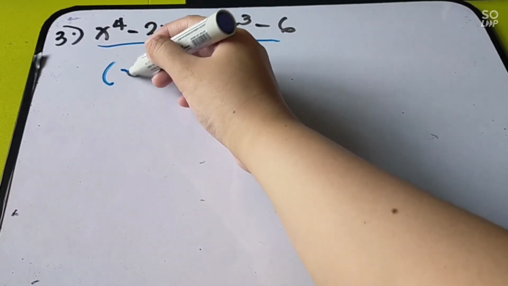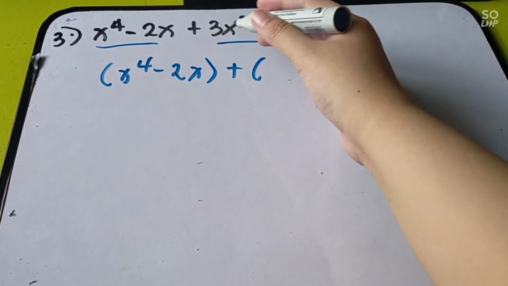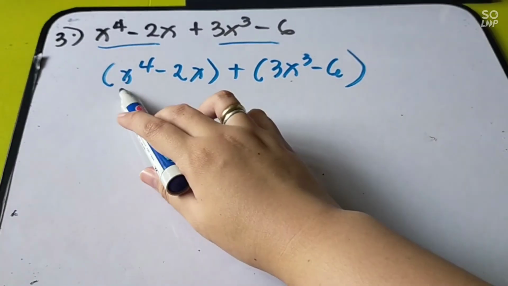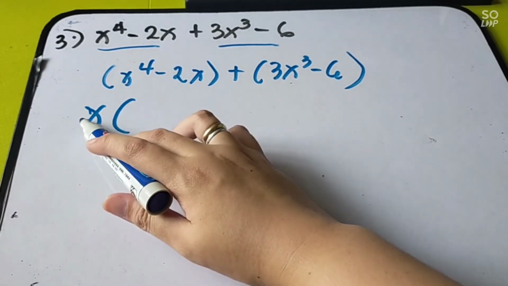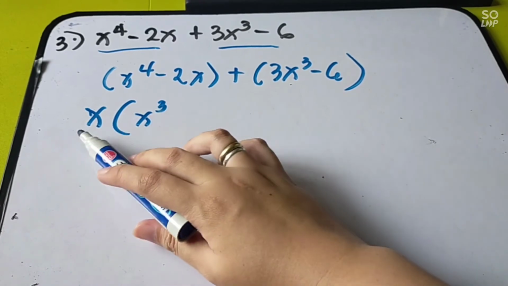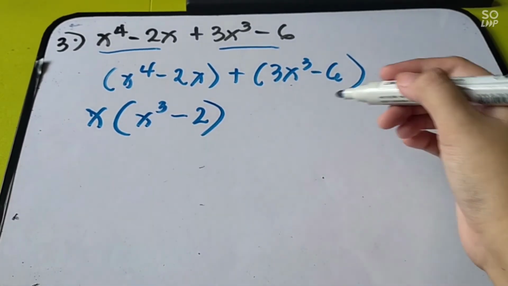So, we have here x raised to 4 minus 2x plus, we have here 3x cubed minus 6. So, the common here is x. Labas mo yung x. Then, just divide. X raised to 4 divided by x, it becomes x cubed. Then, negative 2x divided by x, the answer is negative 2. So, we have that now.